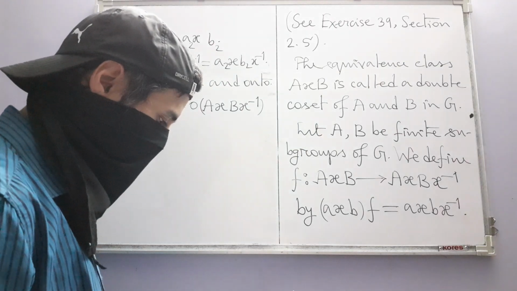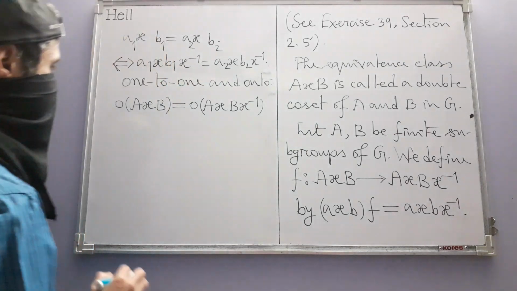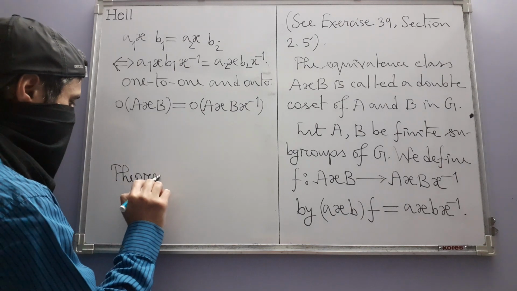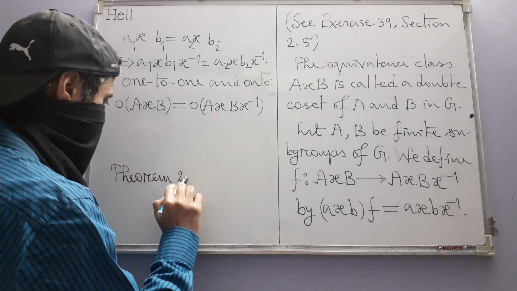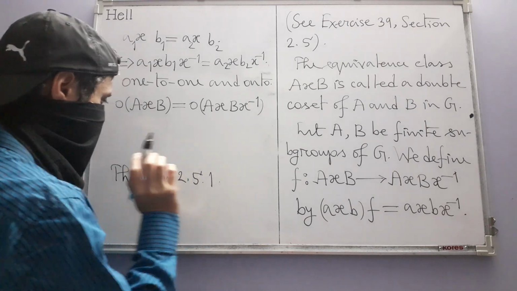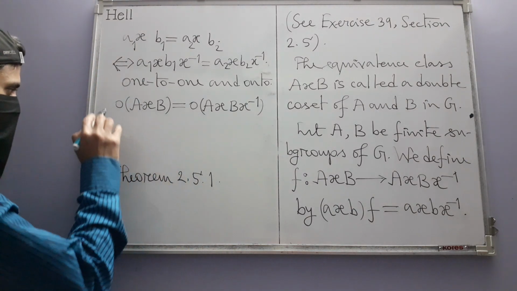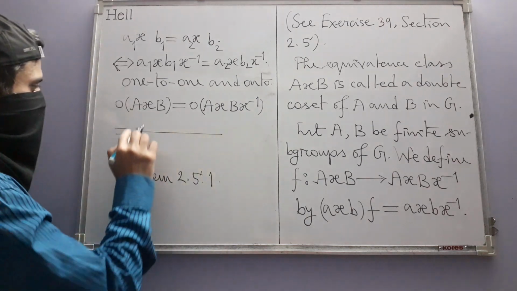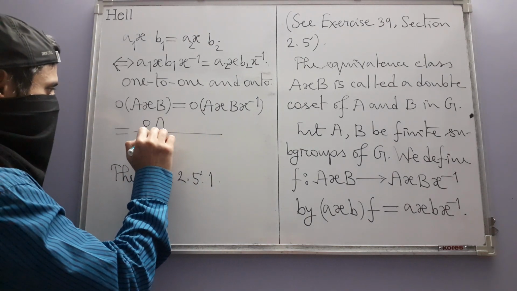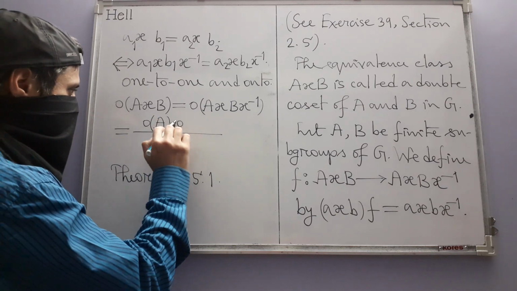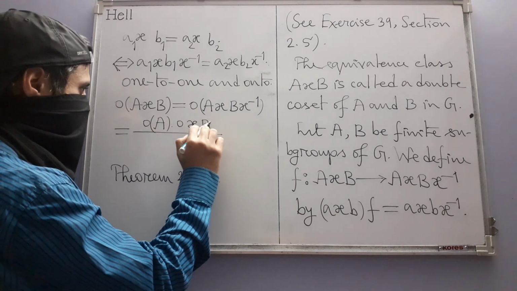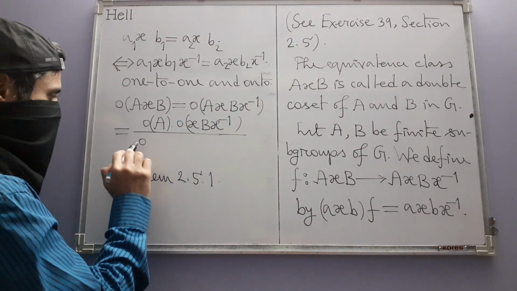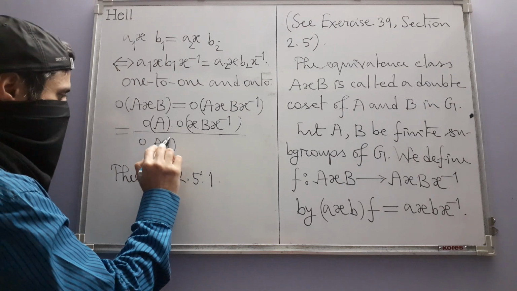I think it is Theorem 2.5.1. If you go back to that section, you see Theorem 2.5.1. By that theorem, this is just equal to the order of A times the order of this subgroup xBx inverse divided by the order of their intersection.